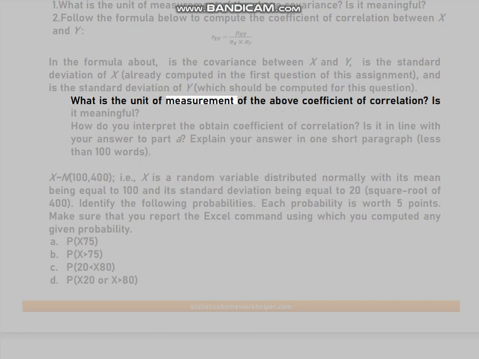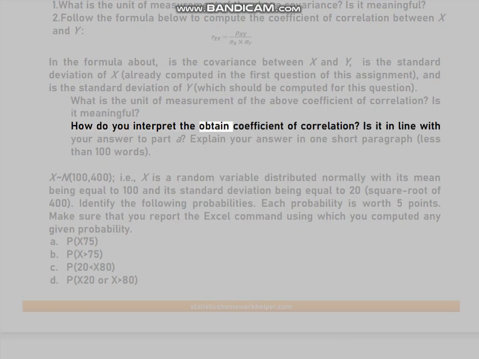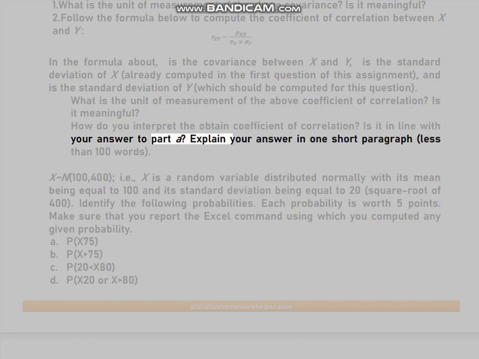What is the unit of measurement of the above coefficient of correlation? Is it meaningful? How do you interpret the obtained coefficient of correlation? Is it in line with your answer to Part A? Explain your answer in one short paragraph, less than 100 words.